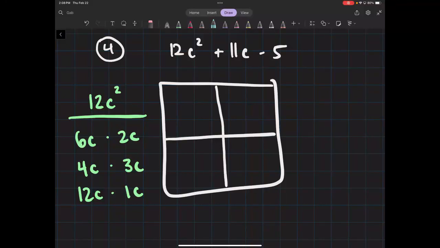But they make your life a little bit easier with the -5. What do you get for -5? -5 times 1. And then 5 and -1. Okay? Go try it out.